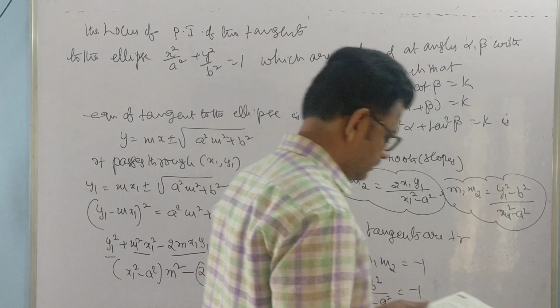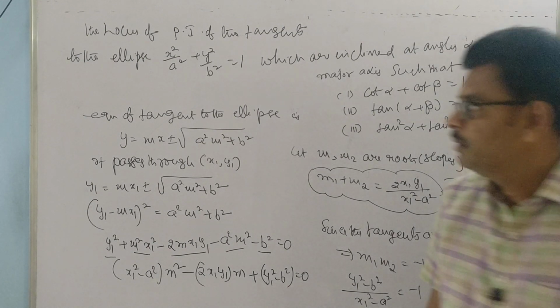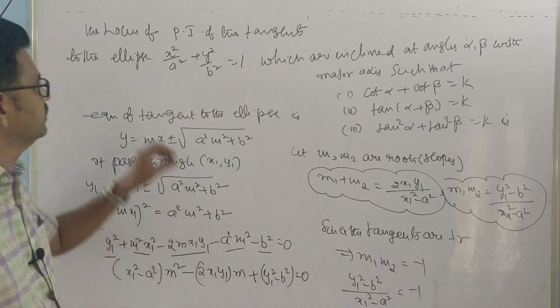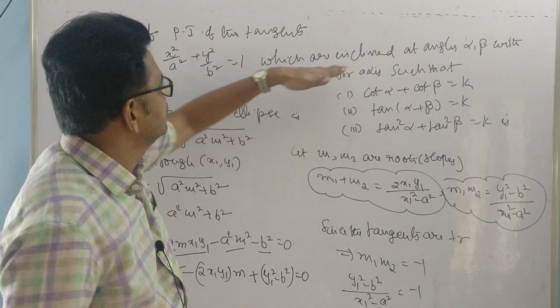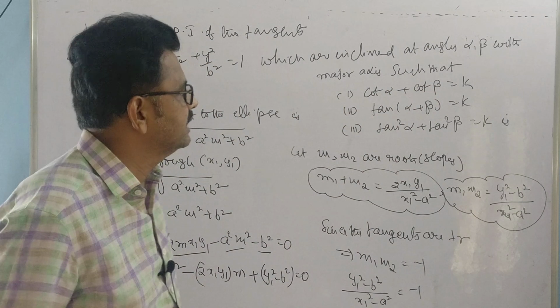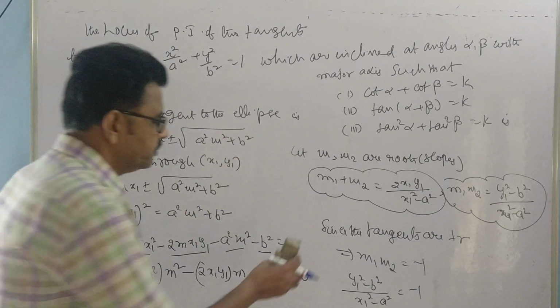Find the locus of the point of intersection of two tangents to the ellipse which are inclined at angles alpha and beta with the major axis, such that these three problems. The proof is the same.